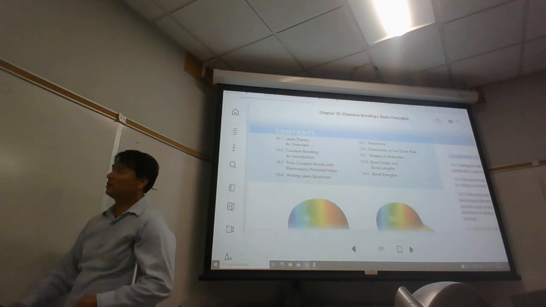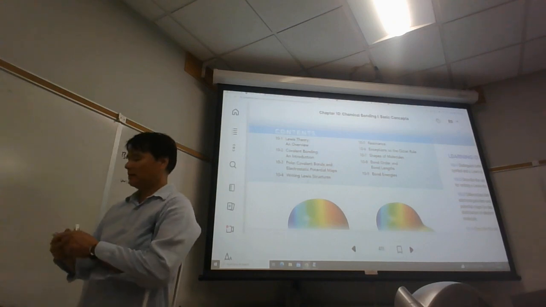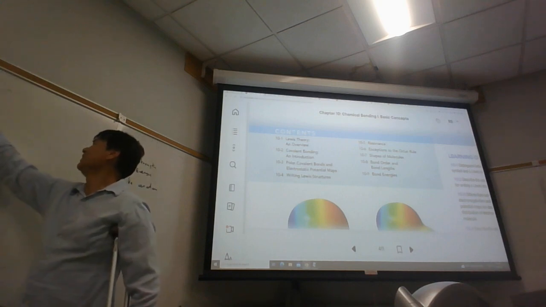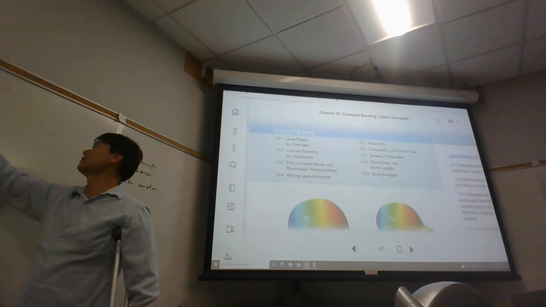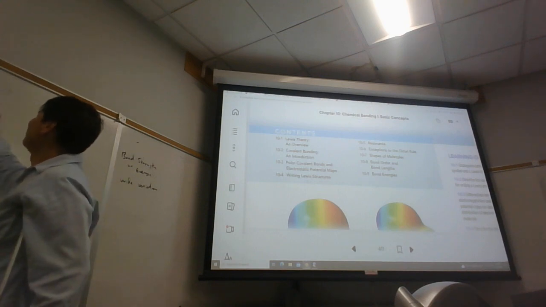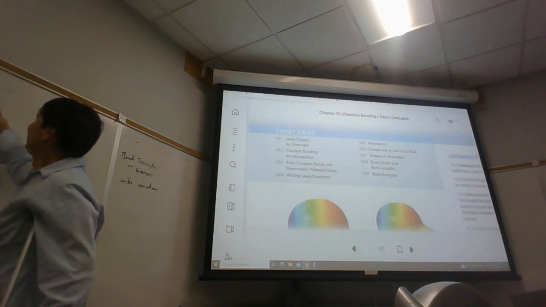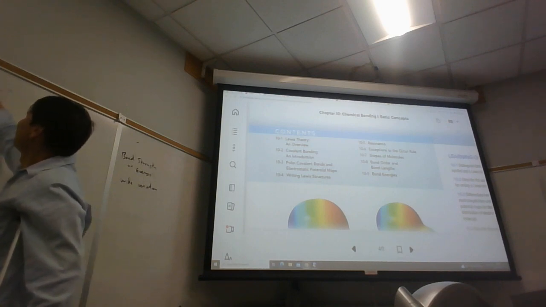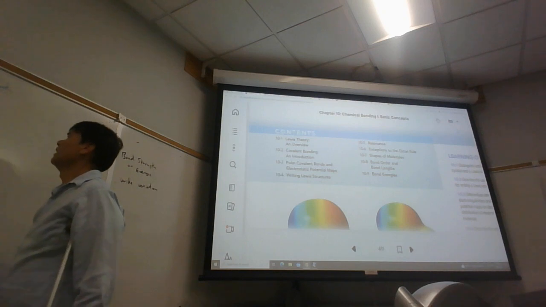What's the hybridization on chlorine? sp3. And then hydrogen has no hybridization. Hydrogen is going to be an s orbital, like this. And since the overlap region is in the internuclear axis region, we'll call it an s-sp3 sigma bond. HCl.